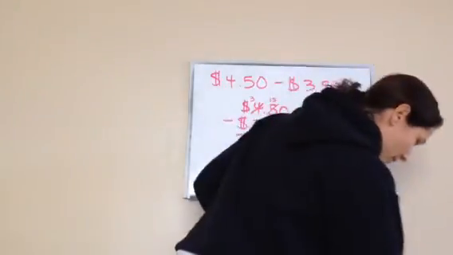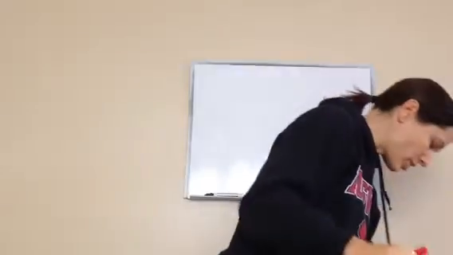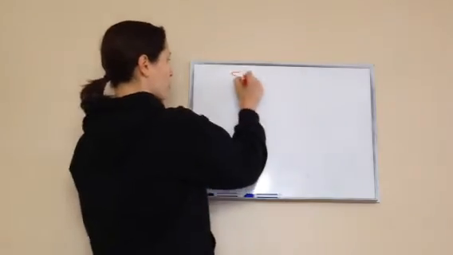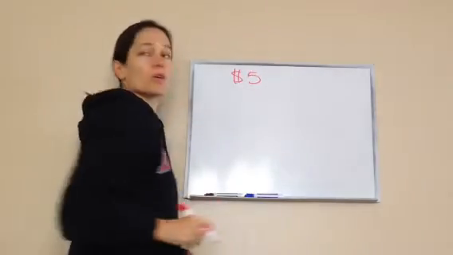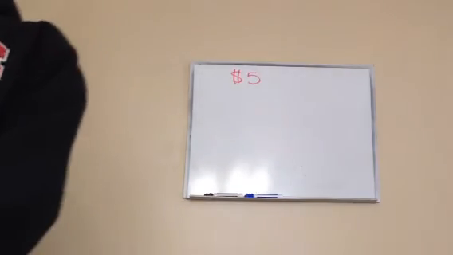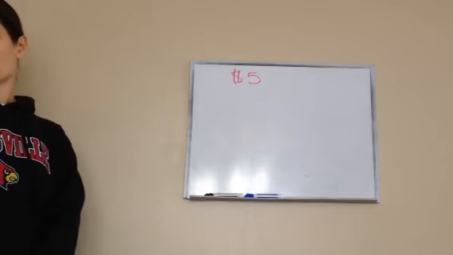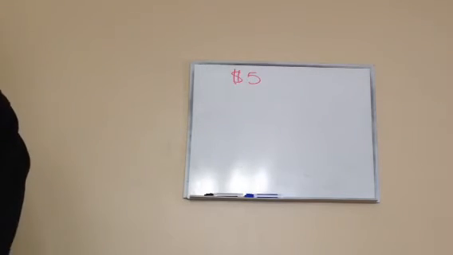All right, now let's do another one, and this one's a little bit harder just because of how it's written, okay? Now, whenever you see this, what does that actually mean as a whole? 5 whole dollars. So how would you write that, using decimals and everything?